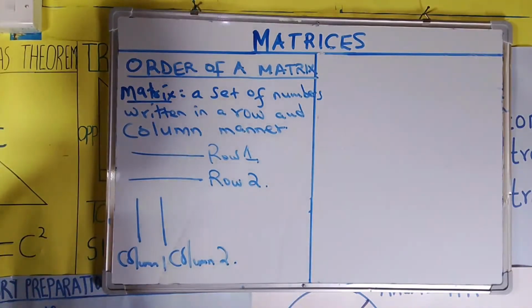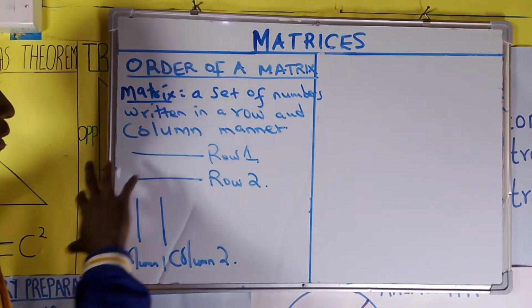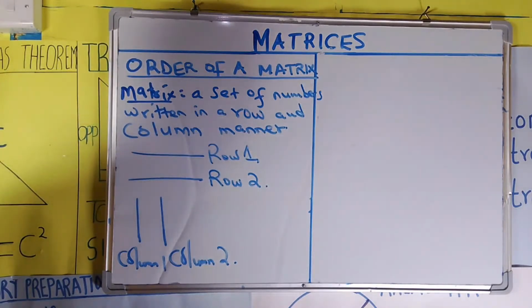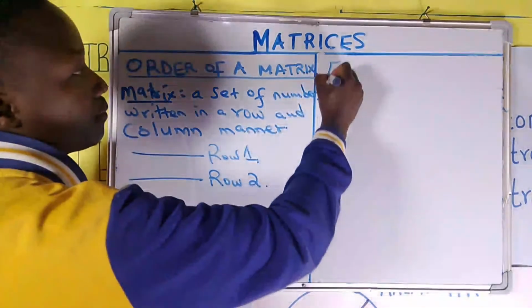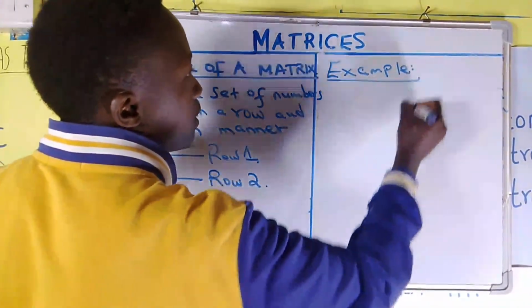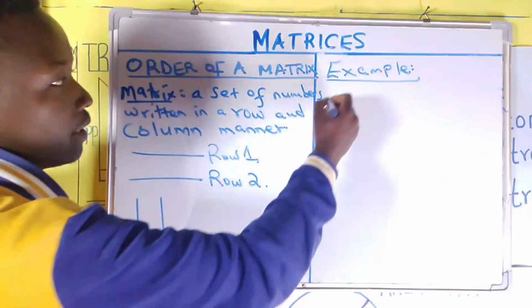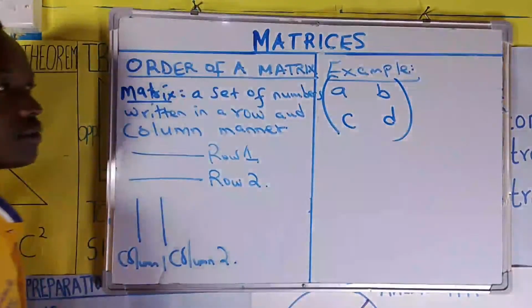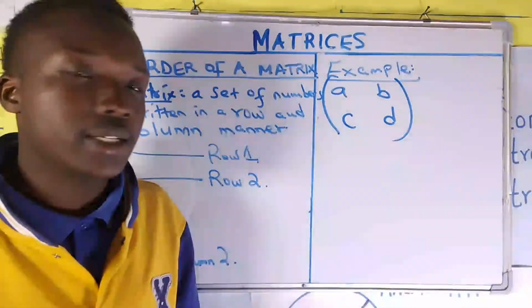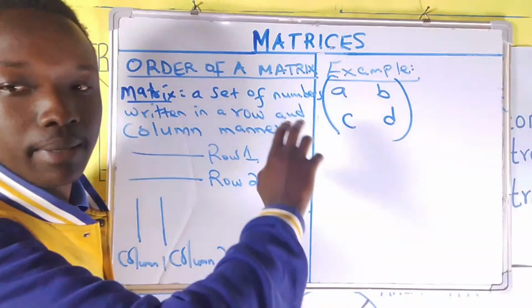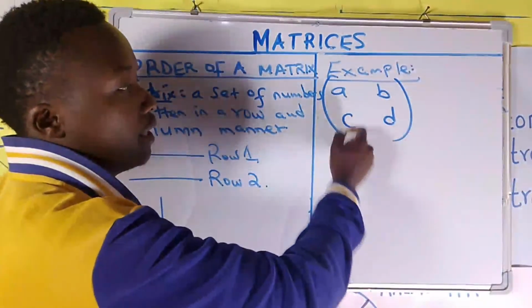So a set of numbers written in form of rows and in form of columns is what we call a matrix. A good example of a matrix, we can say A, B, C, D. A, B, C, D is an example of a matrix because this is a set of numbers that have been written in rows and in columns.